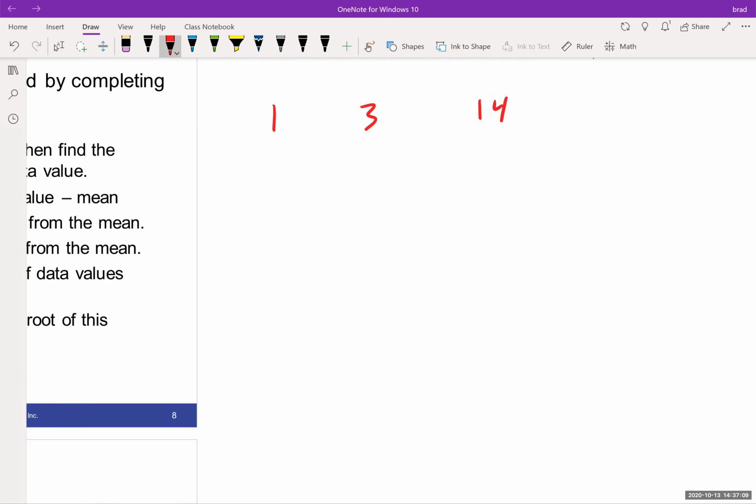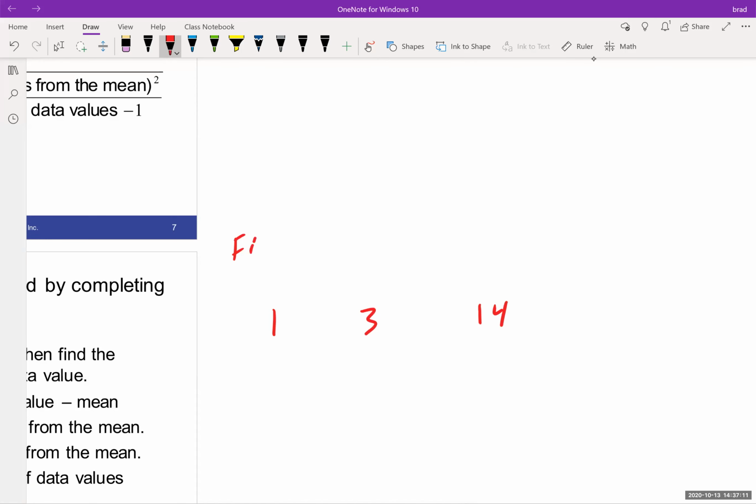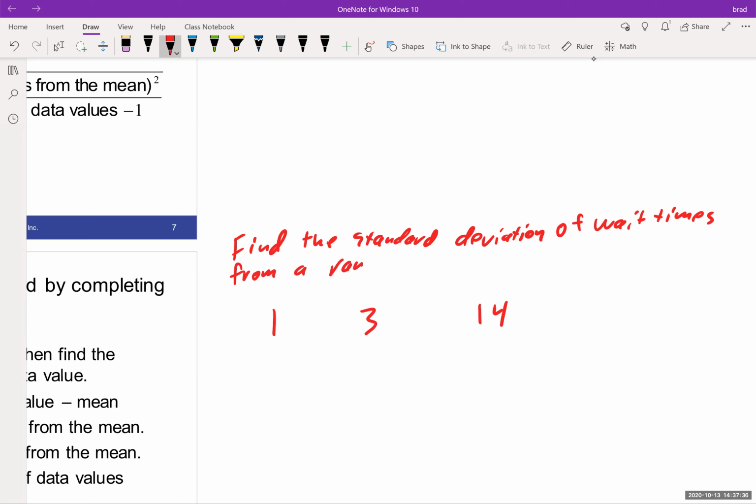Let's say that this is: find the standard deviation of wait times from a random sample at a grocery store line.